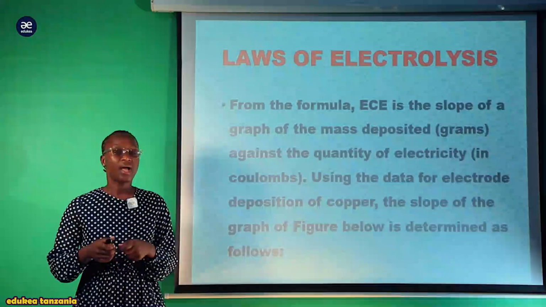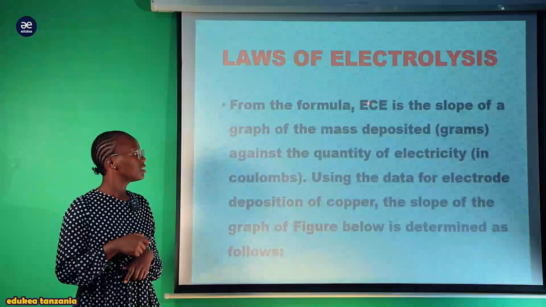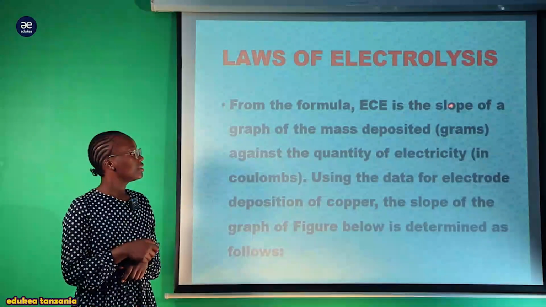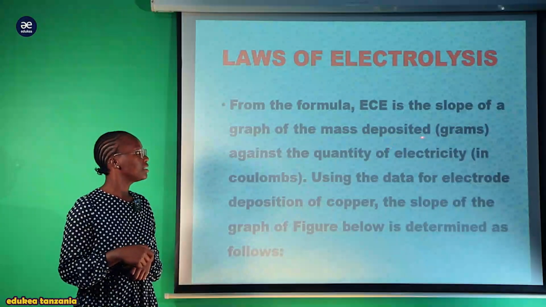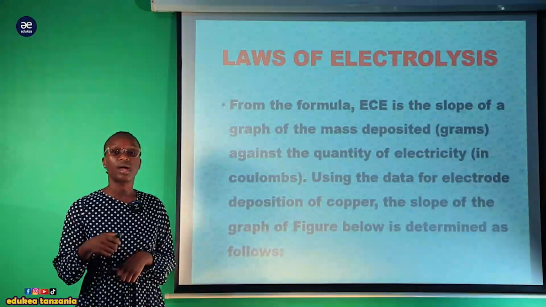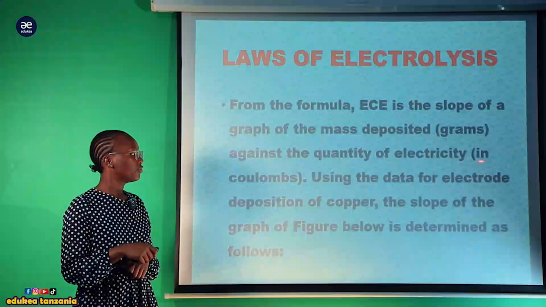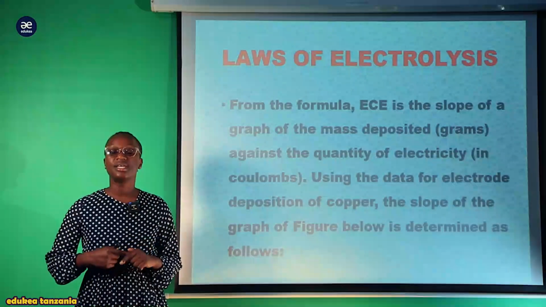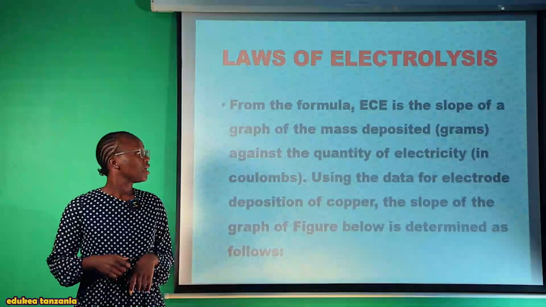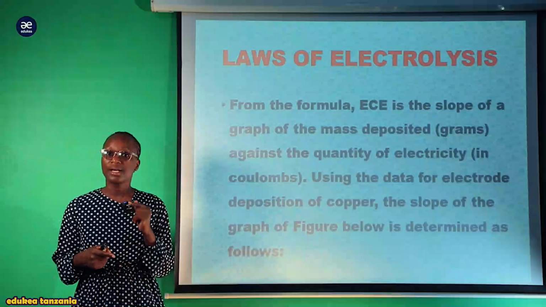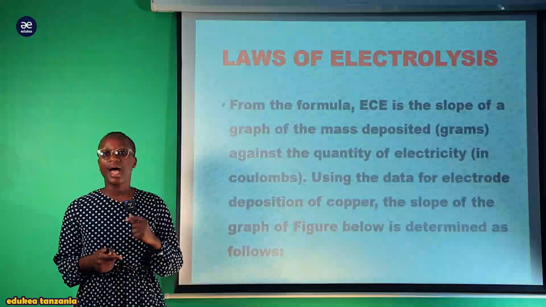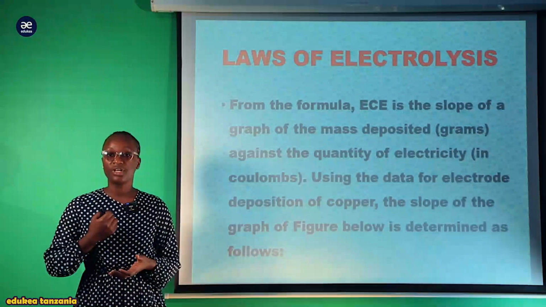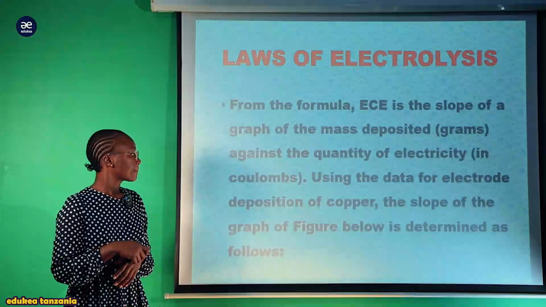Now my student, from the formula, the electrochemical equivalent, which is also ECE, is the slope of the graph of the mass deposited, in grams, against the quantity of electricity, in coulombs. So the electrochemical equivalent can be the slope of the graph of mass against the quantity of electricity.